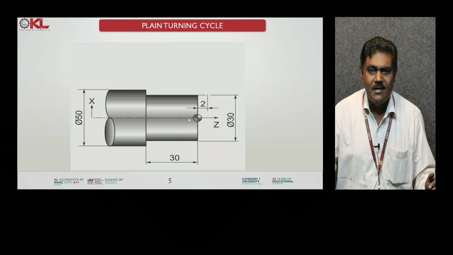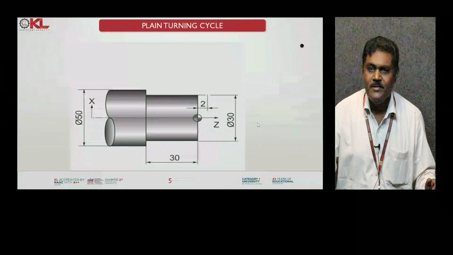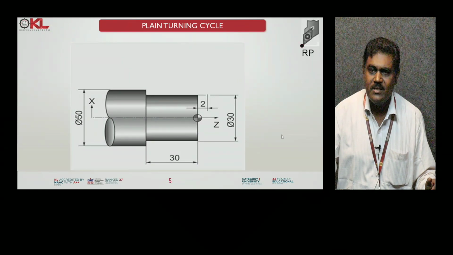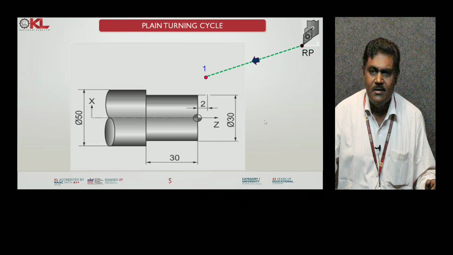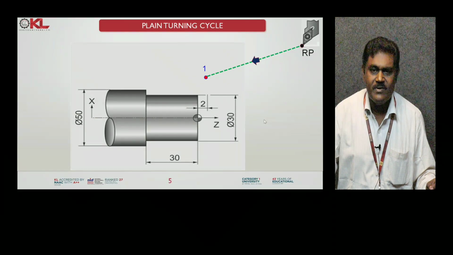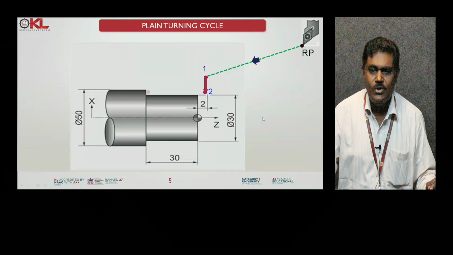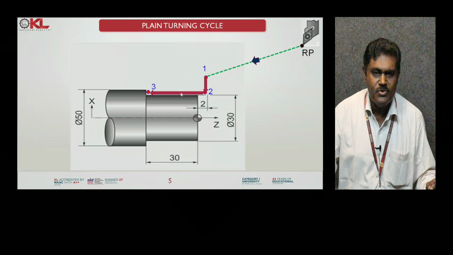Now let us see the simulation of how it is happening, which I want to show in this slide. You can see that this is the tool reference point, where the tool is initially positioned. Then this is the tool entry point, that is 1. The tool moves from the reference point to the tool entry point, this is the path shown. Then 1 to 2 is the movement of the tool, and from 2 to 3 the cutting takes place.